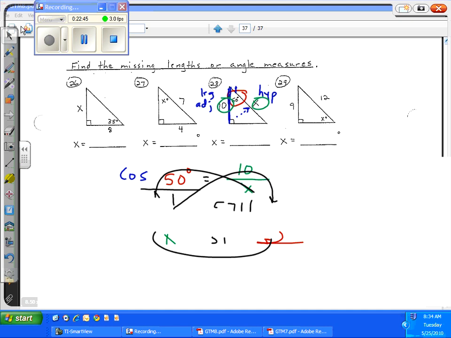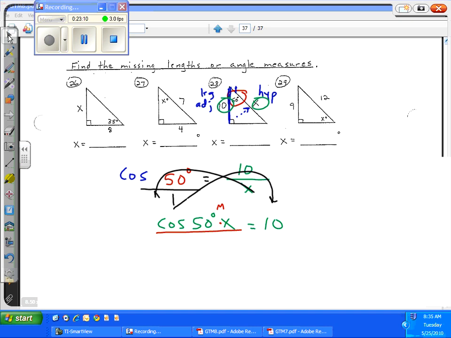Oops. I erased over some whiteout. That kind of makes a mess. So I'm going to have to white out, not erase. Give me just a second to clean house here. All right, so x times cosine 50 is cosine 50x. 1 times 10 is 10.